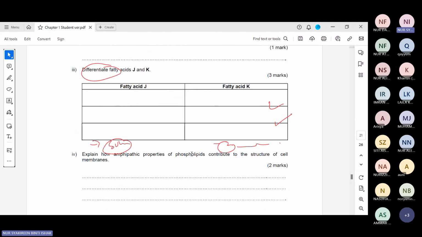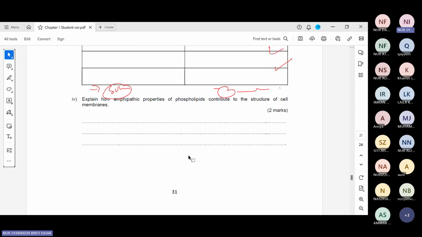So next question: explain how amphipathic properties of phospholipid contribute to the structure of cell. We haven't learned this yet, I think. Did we learn this term? This term is actually in chapter 3. Amphipathic is a molecule having both hydrophobic region and hydrophilic region.